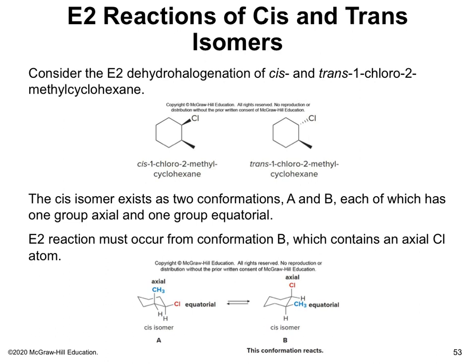So whenever I get a chair and I'm doing eliminations on a cyclohexane, I always do the chair. I cannot figure out what the product is going to be without drawing the chair conformation. So I would recommend that you do this.